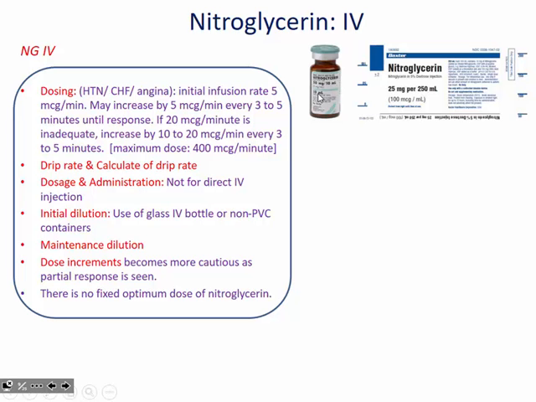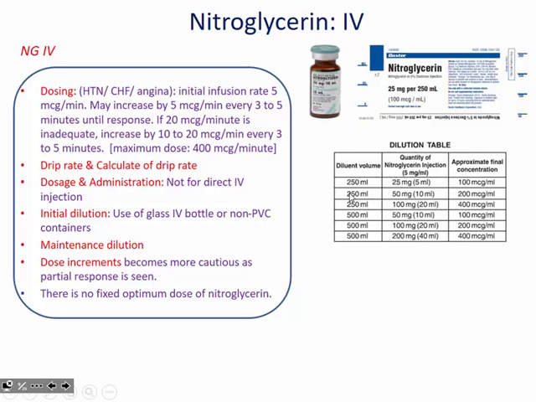So one thing you have to remember is, we shouldn't give nitroglycerin in a concentrated form as such in IV. You have to always dilute it. It's always in micrograms we give them. And when you dilute 25 mg in 250 ml, sometimes it comes in a diluted form. In this case, this is 100 microgram per ml.